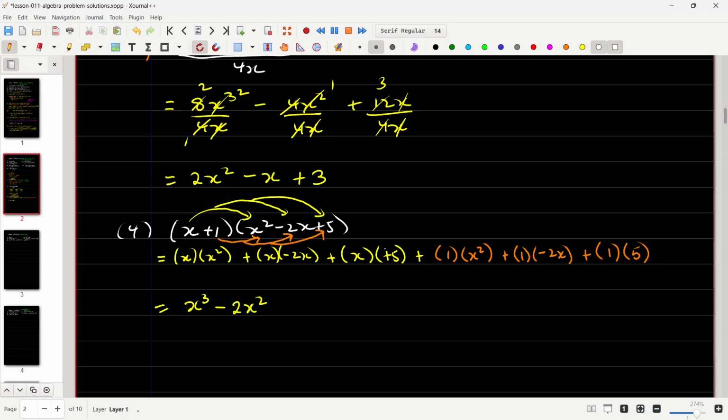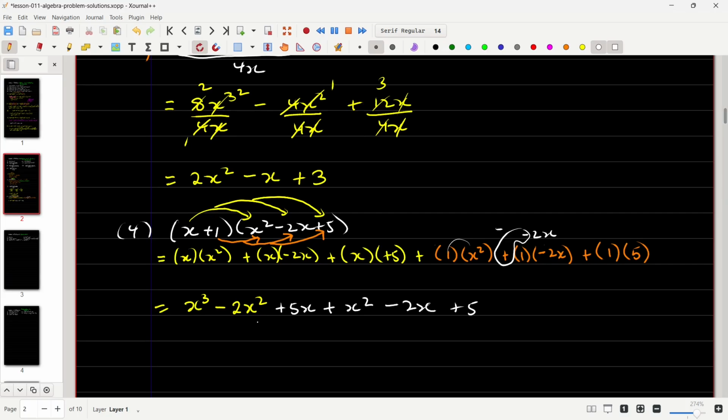Then let's look at this. So this is 5 by x, which is going to give me 5x plus, I just switched the color. I didn't have a reason for switching it. Then we have 1 by x squared, which is simply x squared. Then we have negative 2 by 1, which is going to give me negative 2x, and these signs together are going to give me a negative here, so it's negative 2x. And then I have 1 by 5, which is 5.